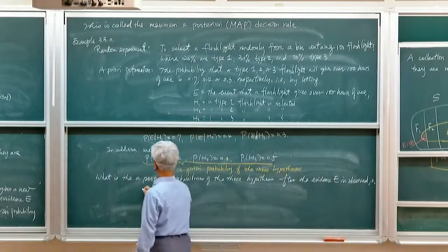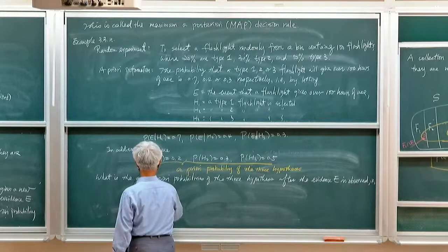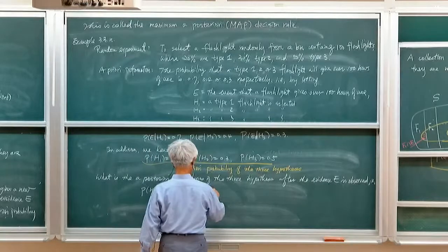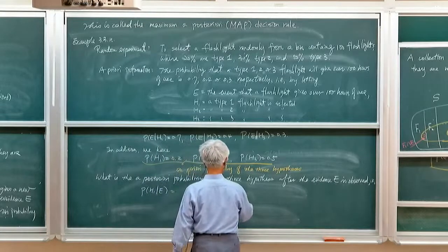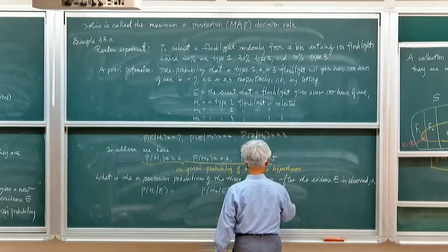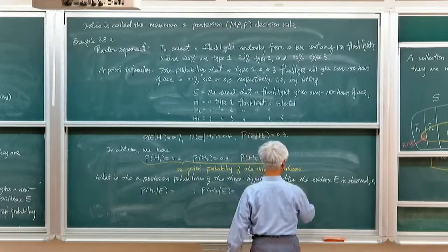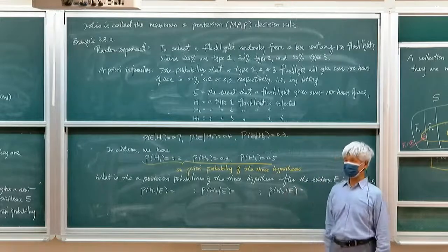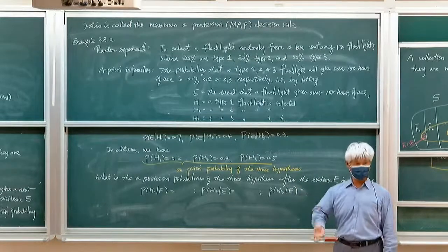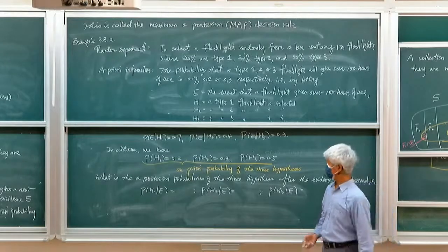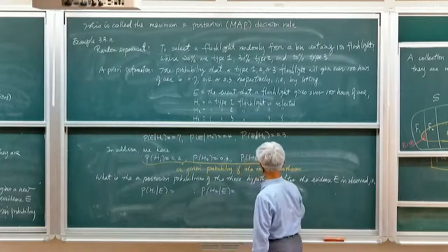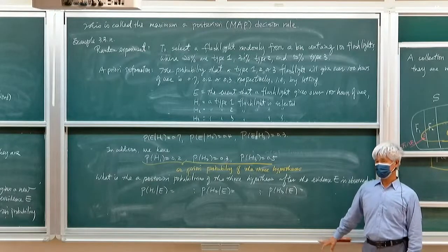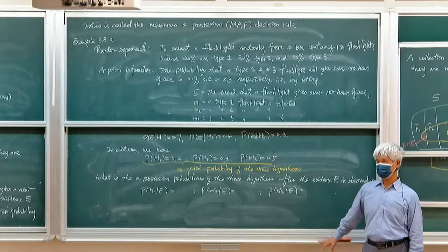So you have to compute the posterior probabilities. Right? So your decision should be based on the new evidence, because now you have information. Okay, so you compute these 3 probabilities, right?